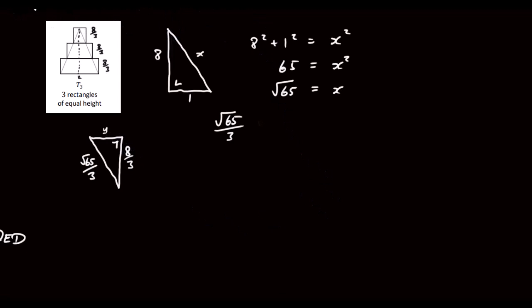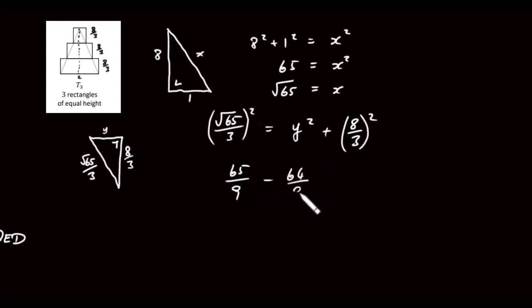Again, it's just Pythagoras' theorem, so we're going to take the square root of 65 over 3 all squared is equal to y squared plus 8 over 3 squared. So we have 65 over 9, and I'm going to bring this over, so 8 squared is 64 over 9.